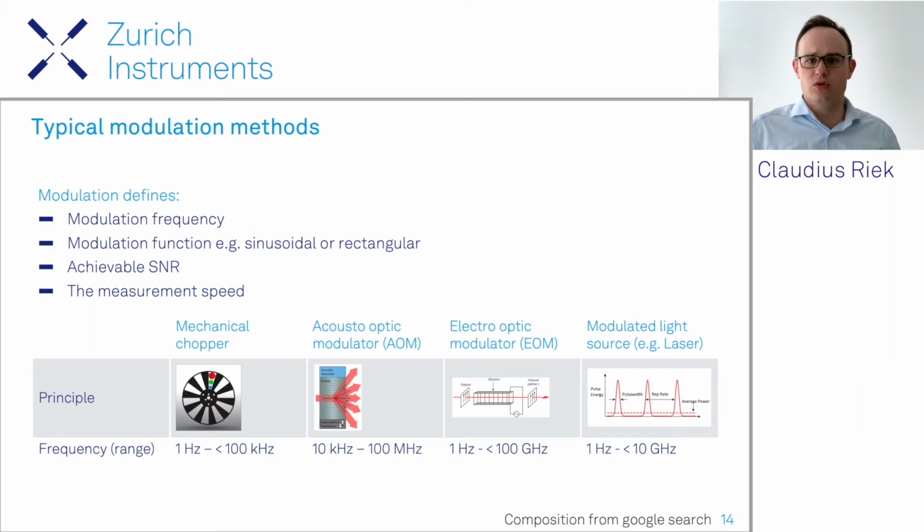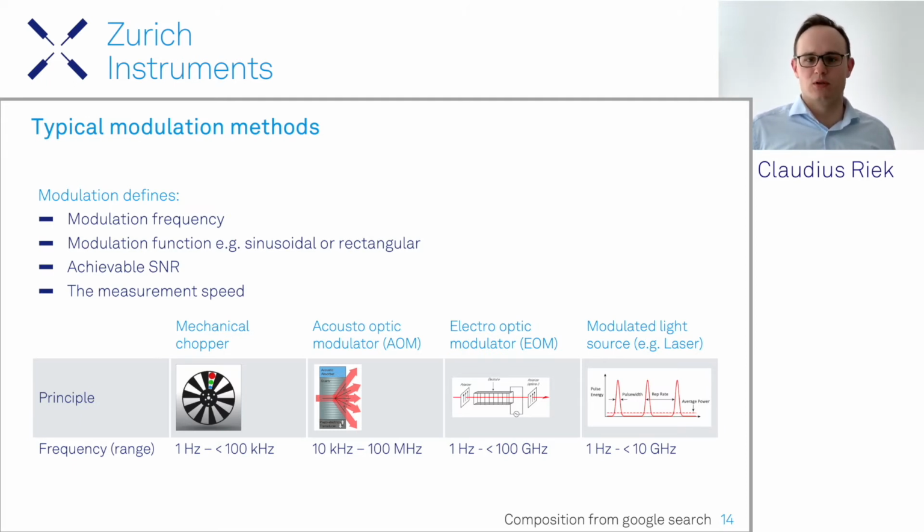Now, how do you do that? I list here a few typical modulation methods, so you also see it's not super difficult to implement them. What the modulation method defines is the modulation frequency, the modulation function, for example sinusoidal or rectangular, and therefore defines kind of the achievable signal-to-noise ratio and the measurement speed in the end.